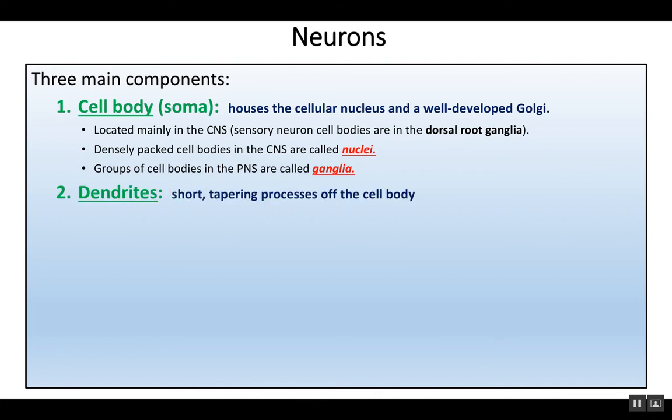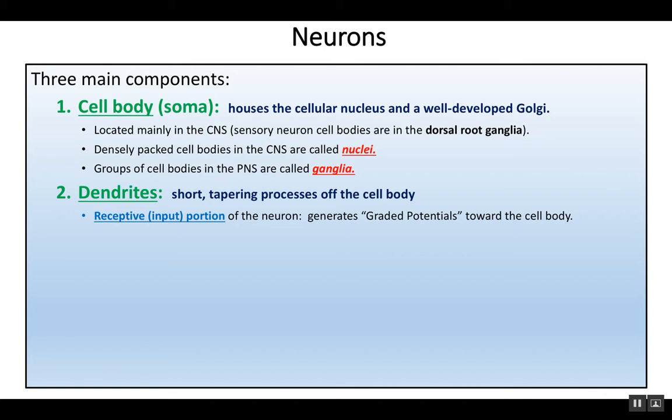Dendrites. Dendrites are typically short little processes that are sticking off of the cell body. So if you look at a picture of a neuron, you'll typically see off of that cell body these small little structures projecting from them. And the most important thing to remember about the dendrites is that's where the neuron will get stimulated.